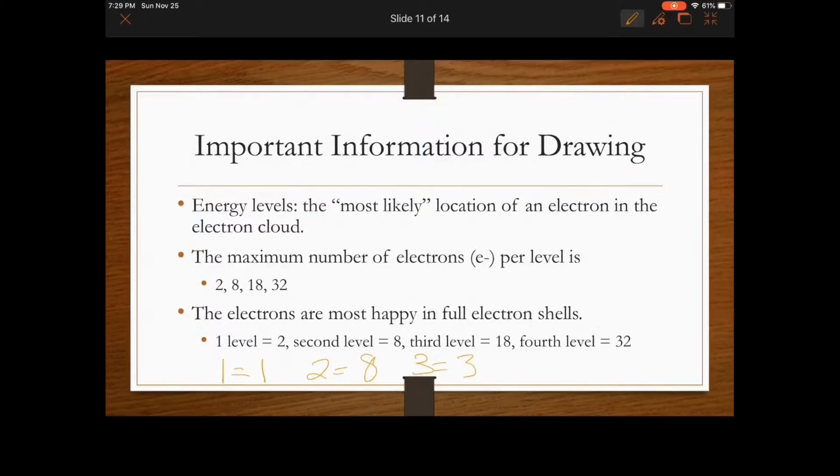That would not be the case because this first level is not full. So that means that first level is not happy. There are always exceptions to the rule, but for right now we aren't going to discuss those exceptions because they're not terribly important, or they're not going to pop up for right now.